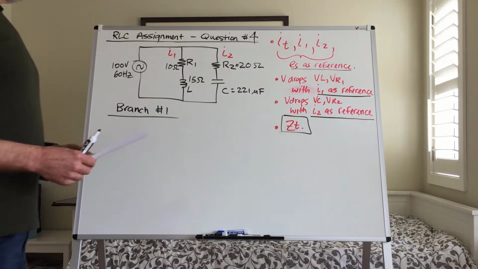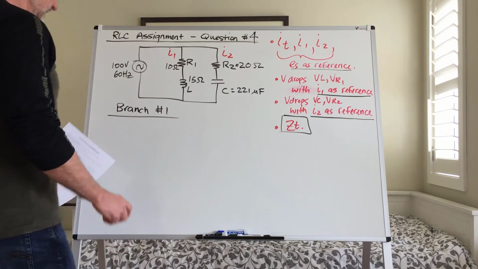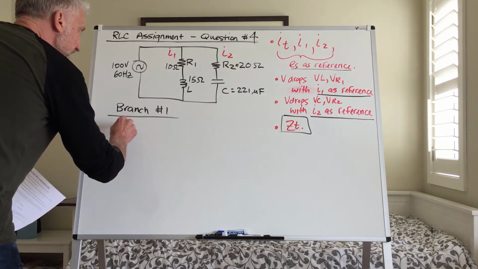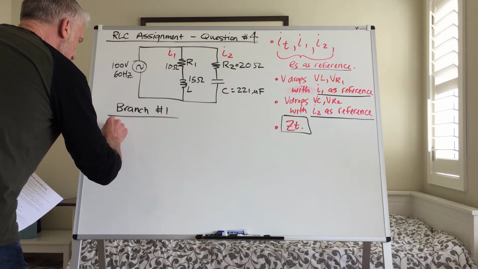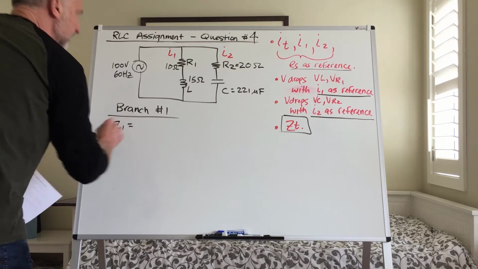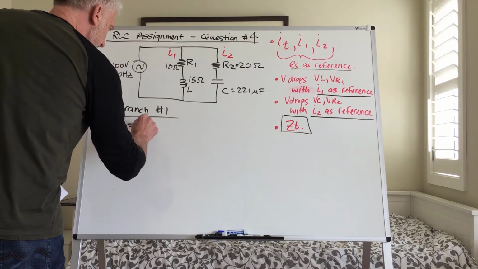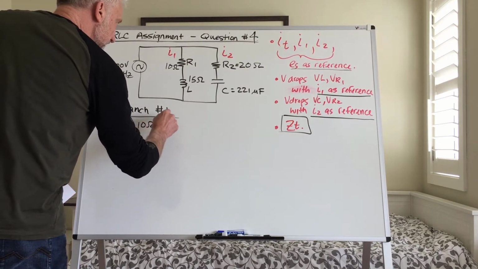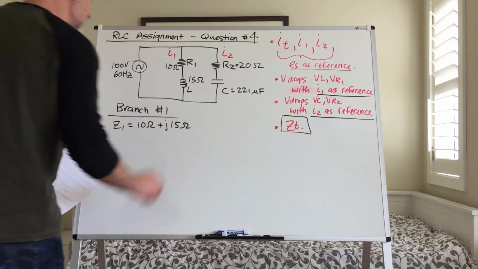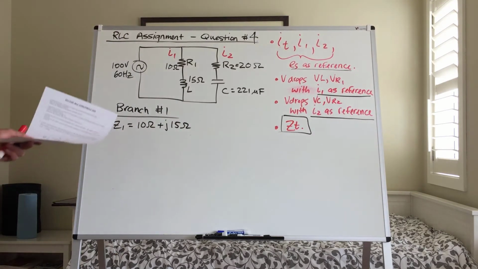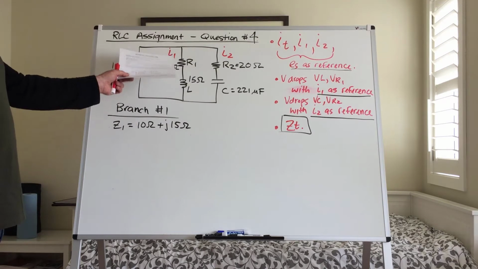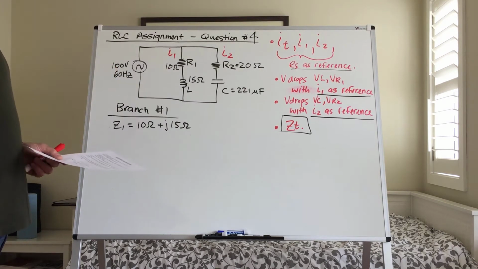Okay. Now, branch 1 then, if we look at the impedance of branch 1, Z1 is expressed as 10 ohms plus j15 ohms. That would be our rectangular expression for the impedance of branch 1.